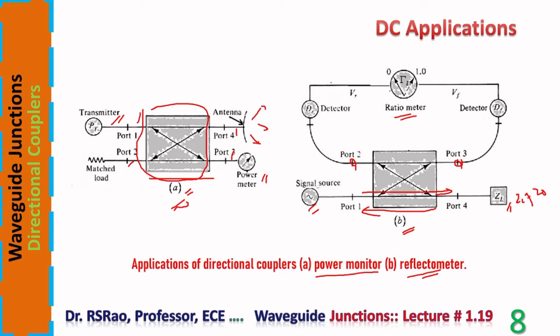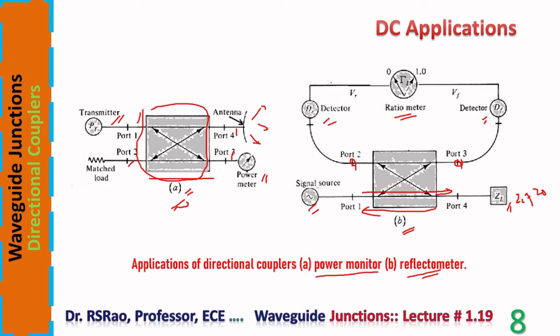The ratiometer is fed by the waves at port 2 and port 3 after converting them into voltages with the help of detectors, detector DR and detector DF. The output of detector DF is a voltage proportional to the forward wave amplitude.